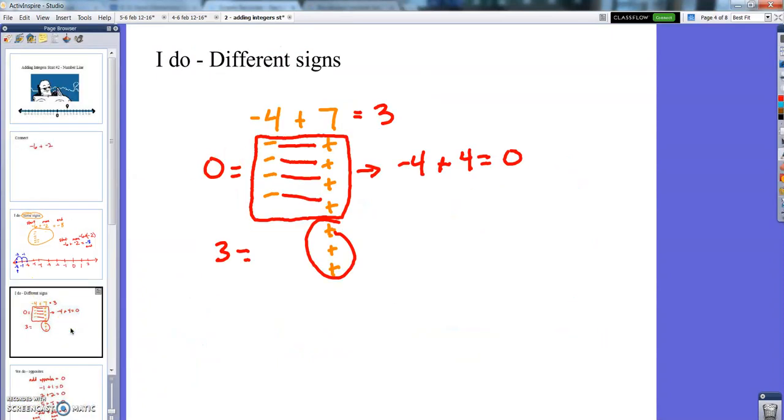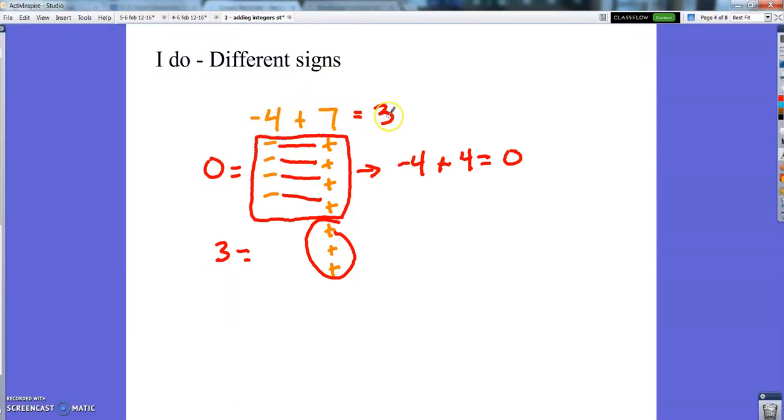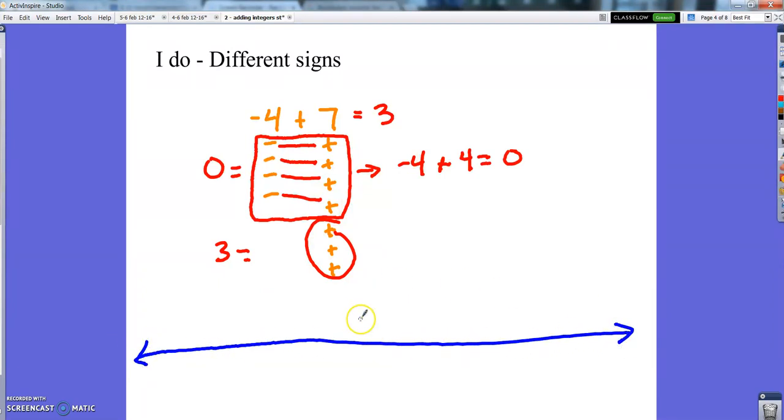So here was our second example yesterday: -4 plus 7 equals 3. Here's how we did it yesterday, and today we'll do it with the number line. 0. So remember, I'm going to start, move, end. That's how adding with a number line works.